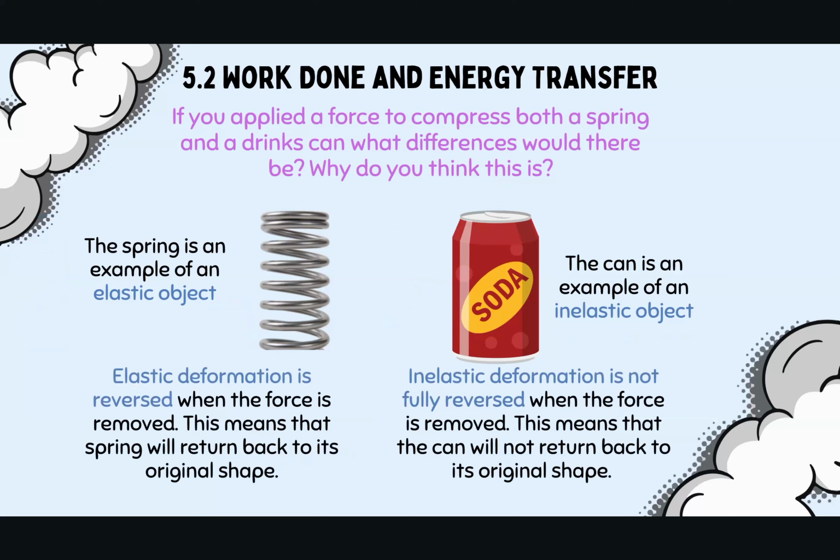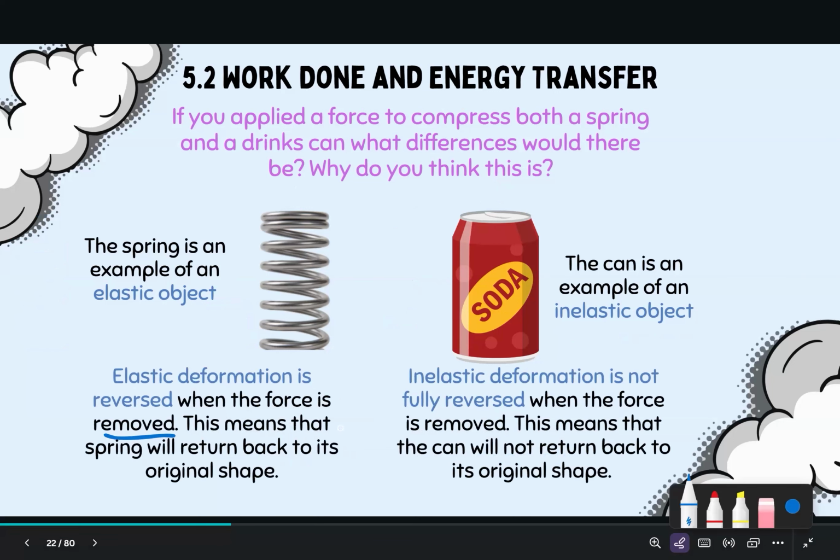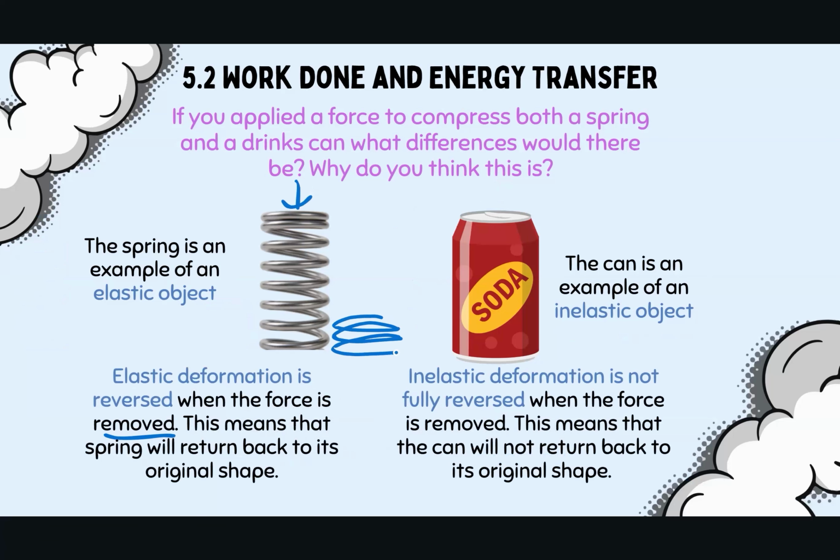Okay, so elastic deformation is reversed when the force is removed. This means the spring will turn back to its original shape. Because when you push it down, what you're actually doing within the spring is storing elastic energy. And that opposes the force that was downwards. So it's almost like Newton's third law.